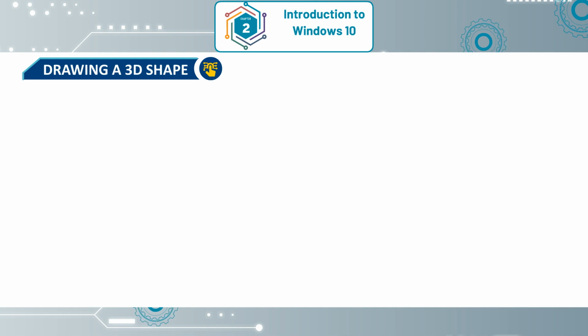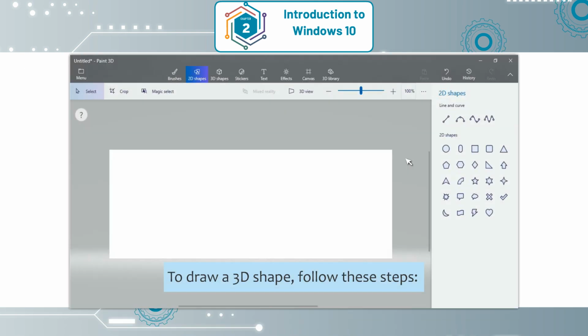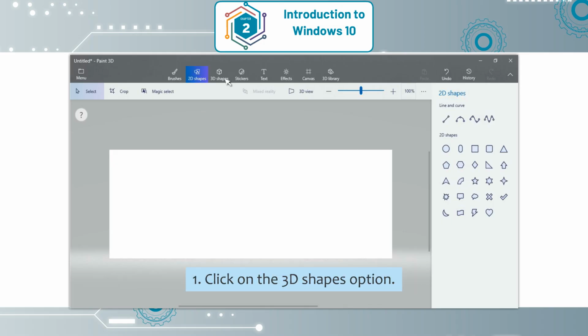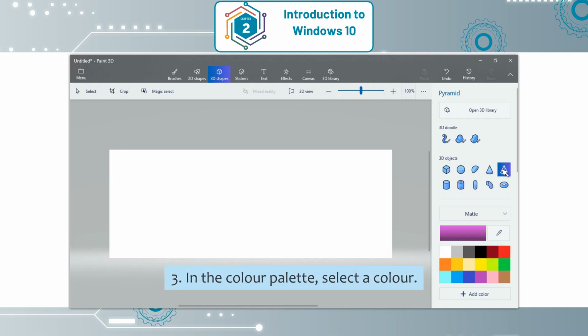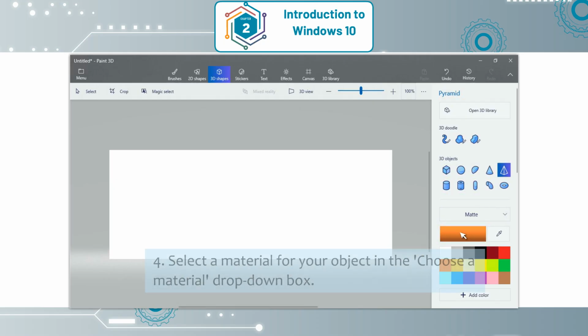Drawing a 3D shape. To draw a 3D shape, follow these steps. 1. Click on the 3D Shapes option. 2. On the right pane, select a 3D object. Here, we have selected the pyramid object under the 3D Objects section. 3. In the color palette, select a color. 4.